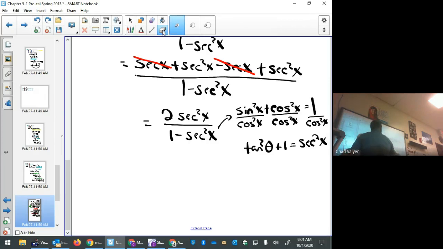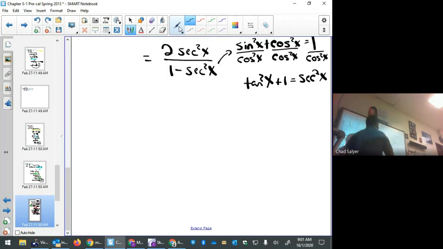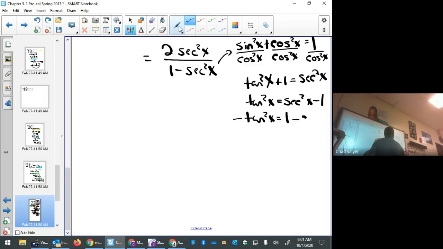Don't change your argument. I'm bad to do that. It starts as x, it should be x throughout. All right, so if I subtract 1, I get this, but I want 1 minus secant squared x, so that's negative tangent squared x.